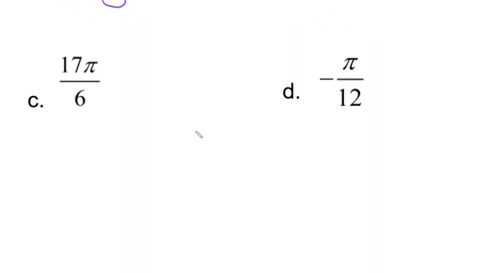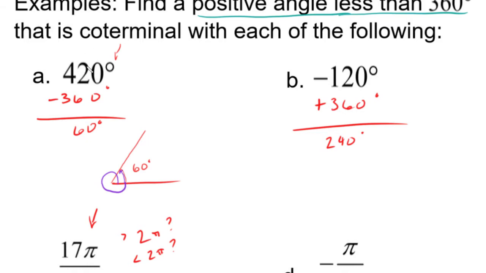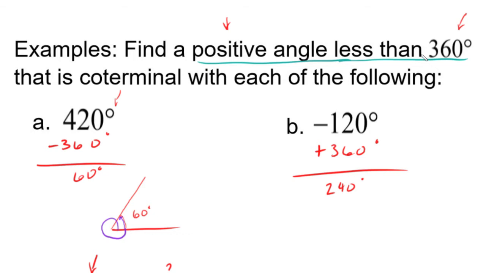Moving on, 17 pi over 6. First off, these are in radians, so you're no longer going to be adding and subtracting 360 to this. Second, we need to establish, is this already greater than 2 pi, or is this less than 2 pi? These are important questions because here we knew to subtract 360 because we wanted a positive angle less than 360, and 420 is more than 360.